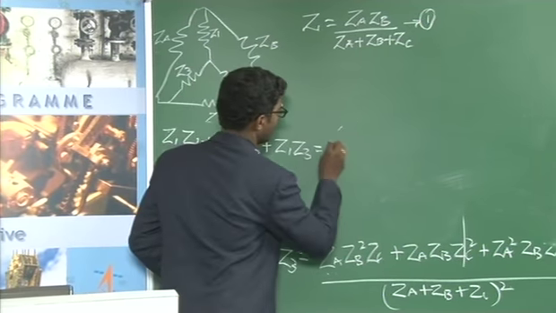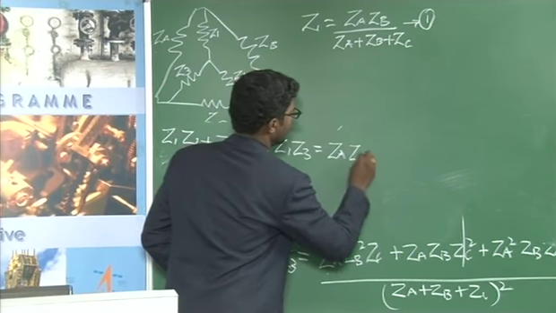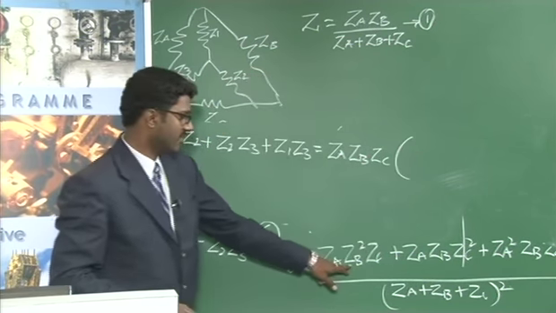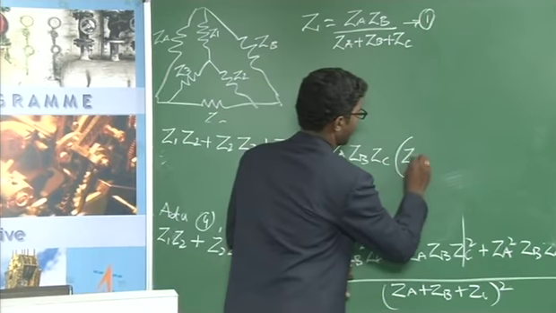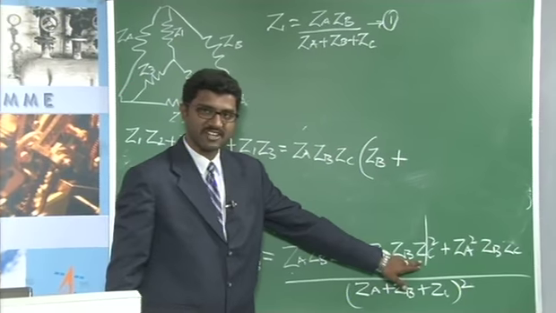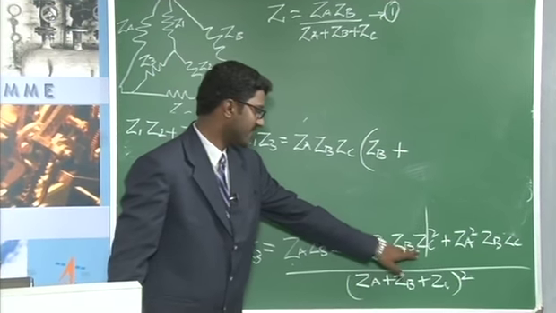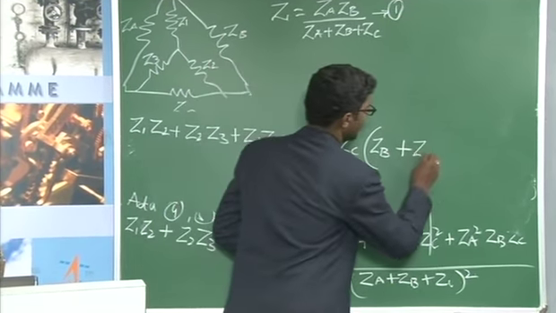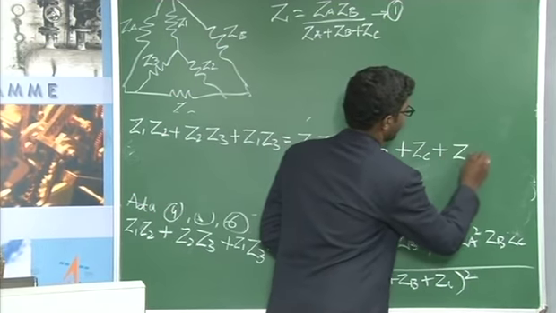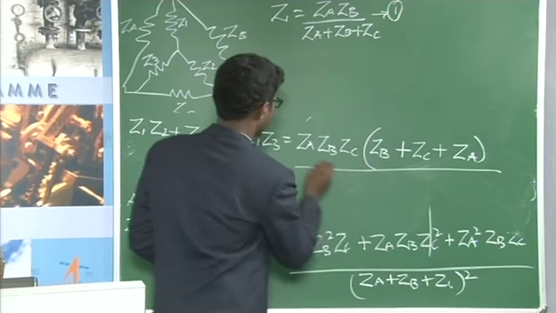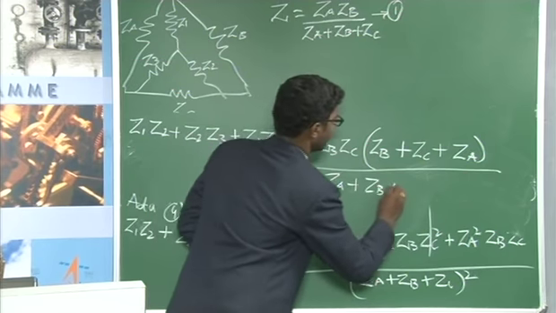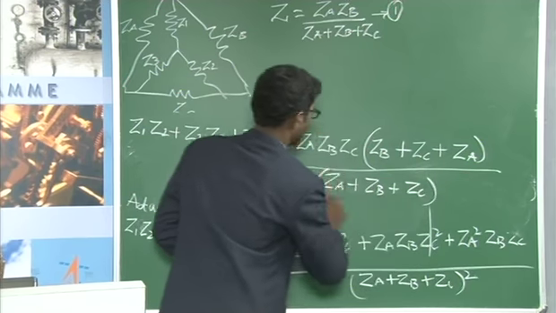If you take ZA, ZB, ZC common, the remaining term in the first term will be ZB, in the next term the remaining term will be ZC, and in the last term the remaining term is ZA, the whole divided by ZA plus ZB plus ZC whole square.